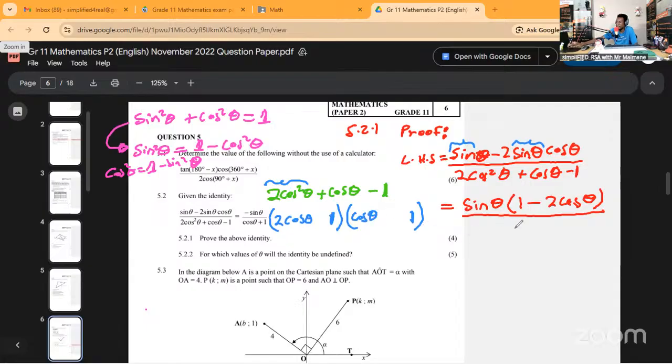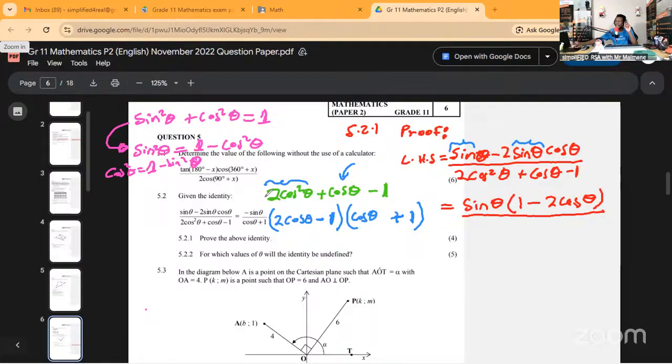Now, here's the thing. I can put positive here, I can put negative here, because when you multiply 2 cos with that, it must subtract with the other one to end up getting the middle one. So positive 2 cos minus cos theta is going to give us that. We just factorize that thing. But that's another method.